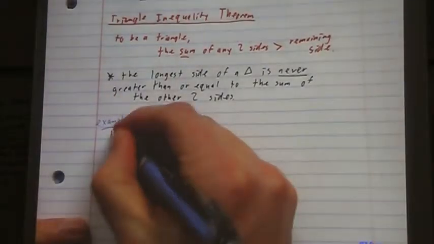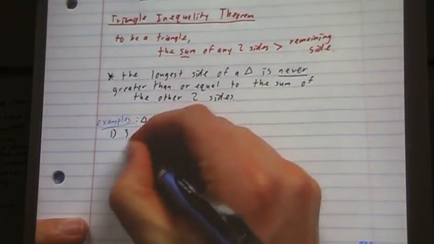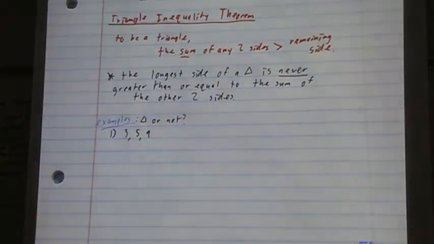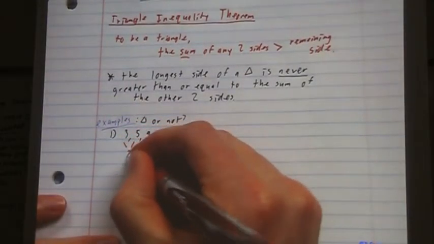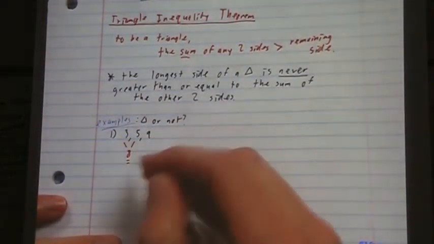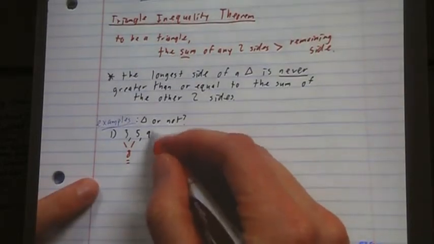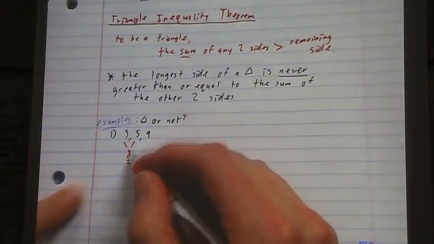So number one, if you're given 3, 5, and 9, could those form a triangle? Well, we're going to add the two smaller sides. 3 and 5 make 8. 8, the last side's bigger than the sum, so this is not a triangle.